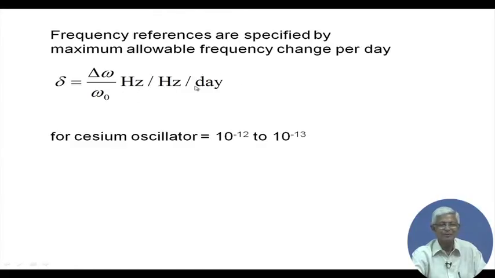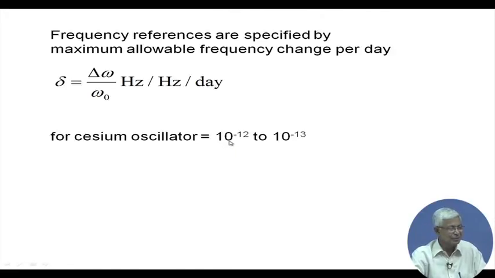So it is hertz per day. Delta omega is in hertz, omega naught is in hertz, and per day. So it is specified as hertz per day. I am giving you some examples. Cesium is a very stable oscillator. GPS satellites use cesium oscillators, and time references use cesium oscillators.